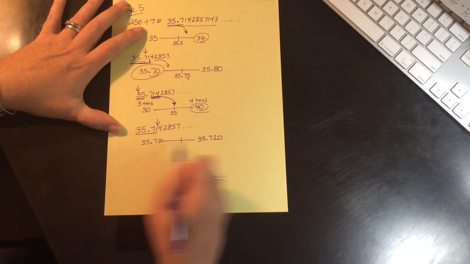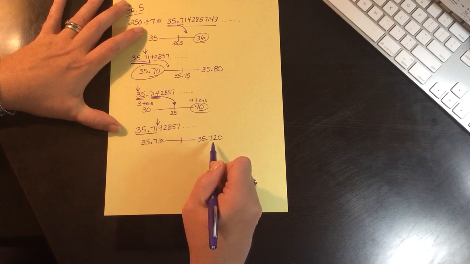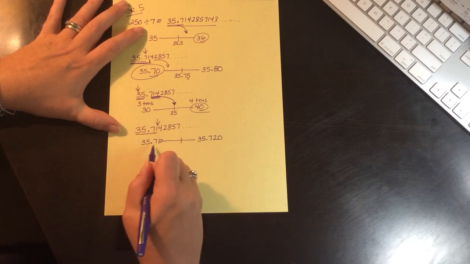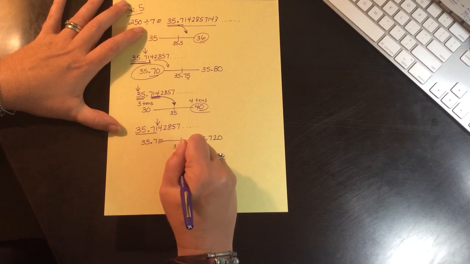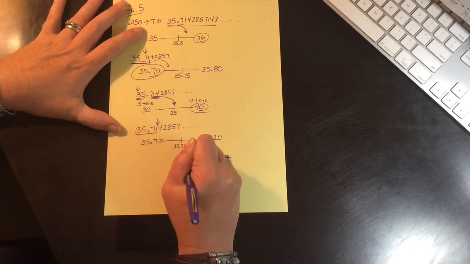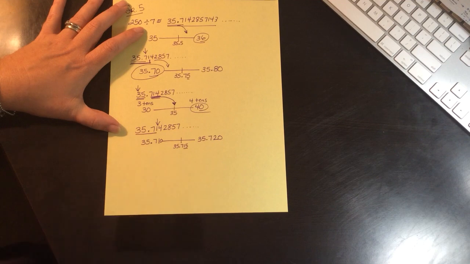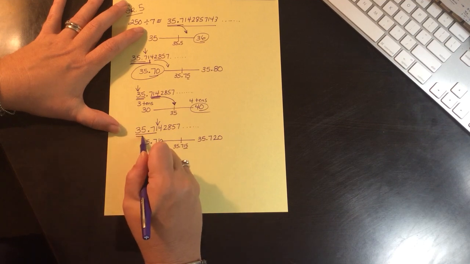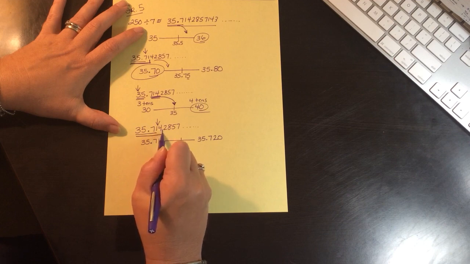Because when I look at this 10 and this 20, I know the midpoint of 10 and 20 is 15. So the midpoint of this number must be 35 and 715 thousandths.